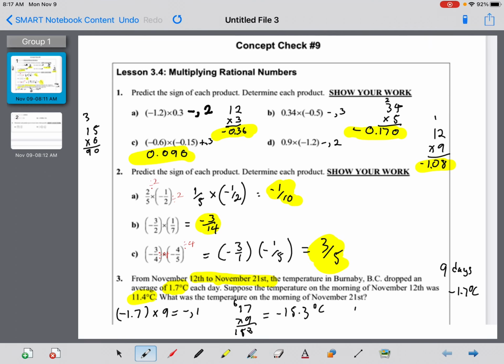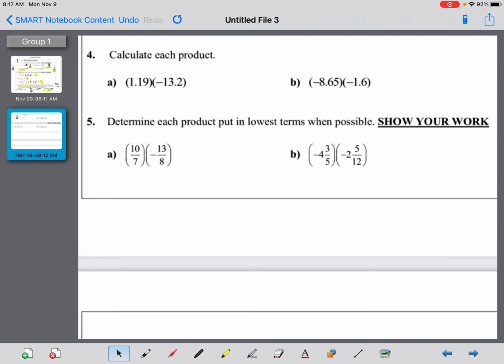And if I'm starting at 11.4 and I'm adding negative 15.3, that's going to leave me with, let me just check really quick here. And this would be an addition question thrown in there. It's going to leave me with a negative 3.9 degrees Celsius. Other ways you can solve this, but that's probably the most correct way to do it.